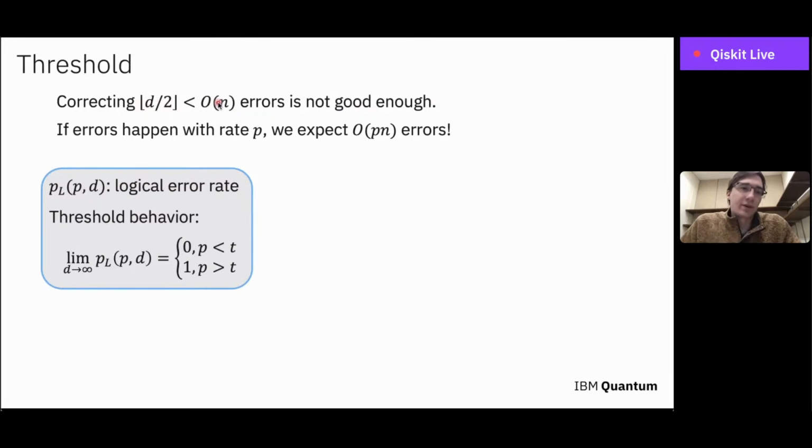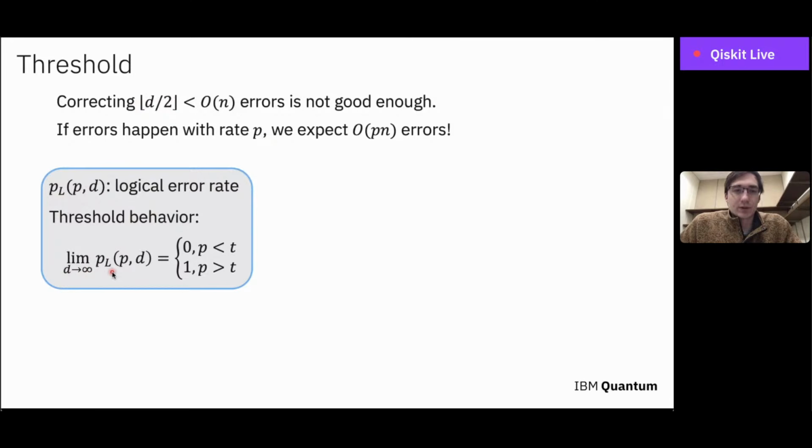So let's define this logical error rate, which is the logical error rate in this model where errors are happening with rate p. Then we can decide whether this function P of L has a threshold behavior or not. As we scale up the code, the distance goes to infinity.